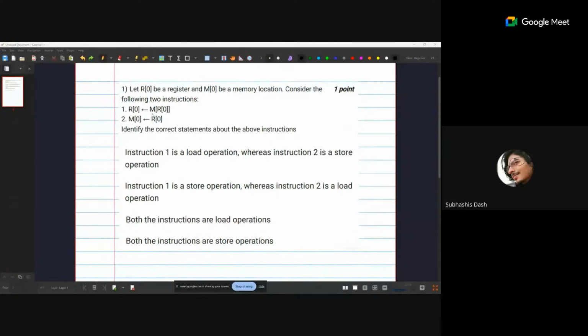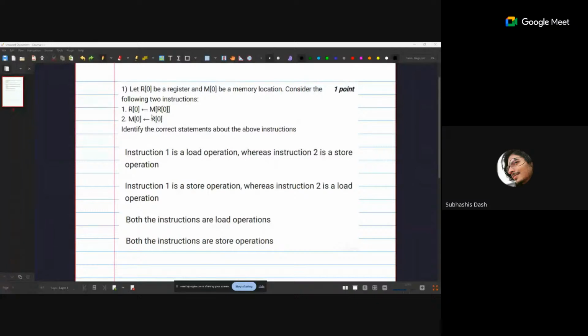Correct. So the reason why the first one is load and the second one is store is because in the first one we are taking the memory location. So whatever data was in R0, we are taking the memory of that location. So let's say in R0 we had 0. Whatever is in memory location 0, we are storing that in R0 now.